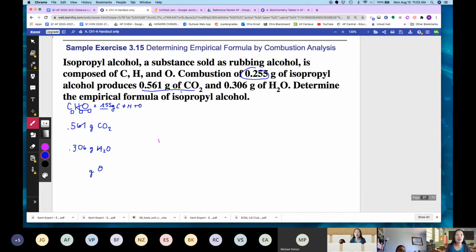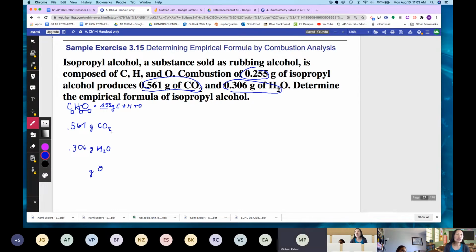Because, do you see the numbers? This is CO2. This is H2O, but they didn't give you oxygen. So we'll see if we can find that later. Okay, those are the givens. Any questions on the givens?